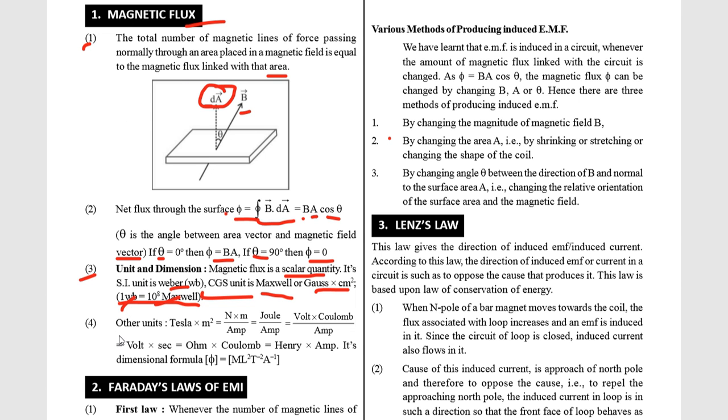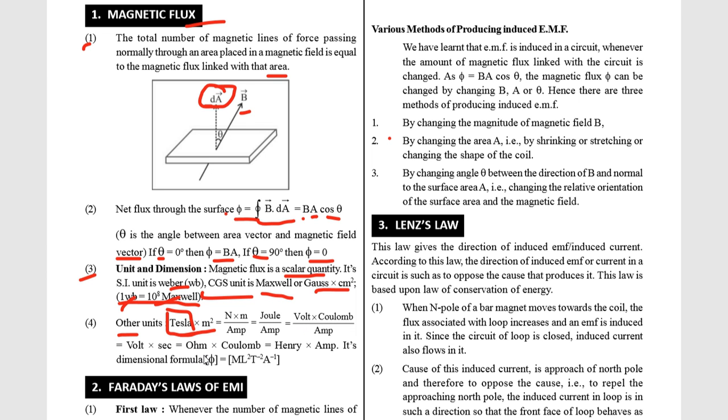The other unit of magnetic flux is Tesla meter square. Since you know that the unit of magnetic field intensity, or magnetic flux density, is Tesla, and the area is meter square, you can write Tesla meter square, or you can change this into Newton meter per ampere, or joule per ampere, or volt into coulomb per ampere, or volt into second.